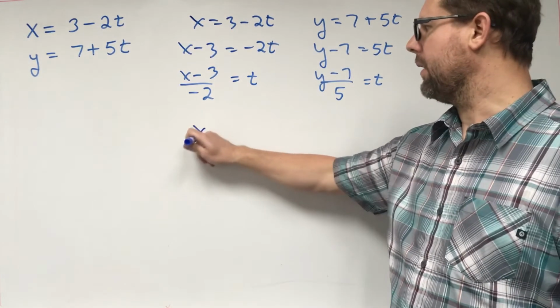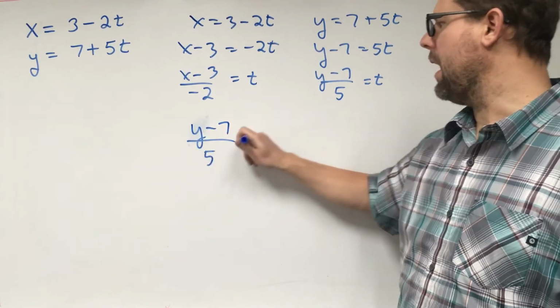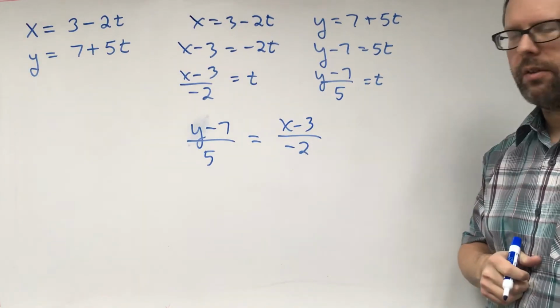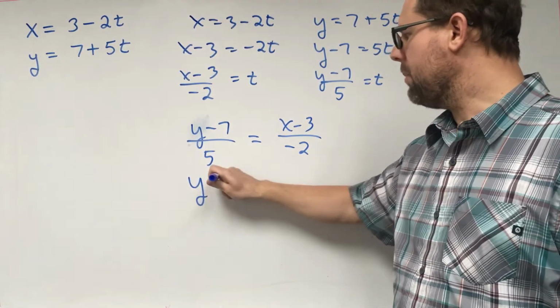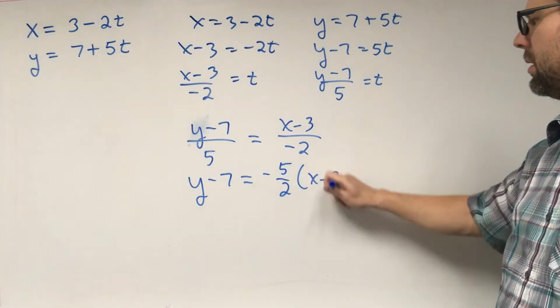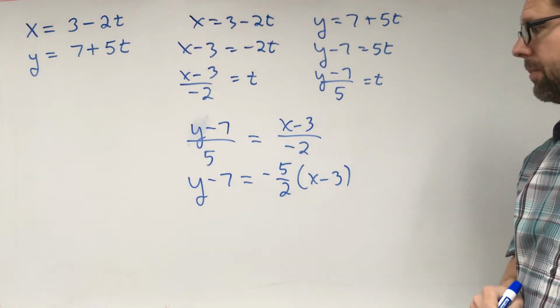And so I have, let's do the y first, y minus 7 over 5 has to be the same thing as x minus 3 over -2. If I multiply both sides by 5, I can see that I have the equation of a line in point-slope form.